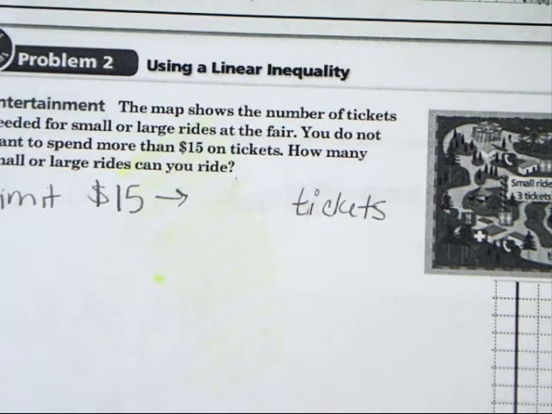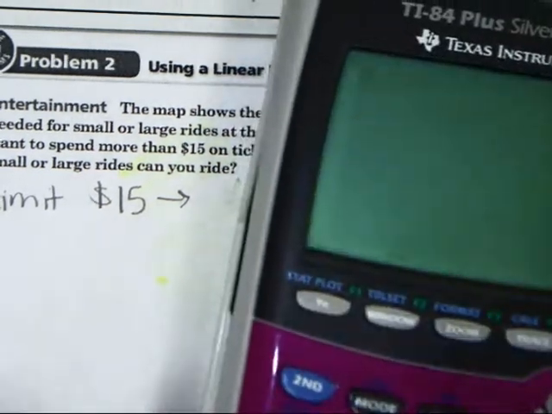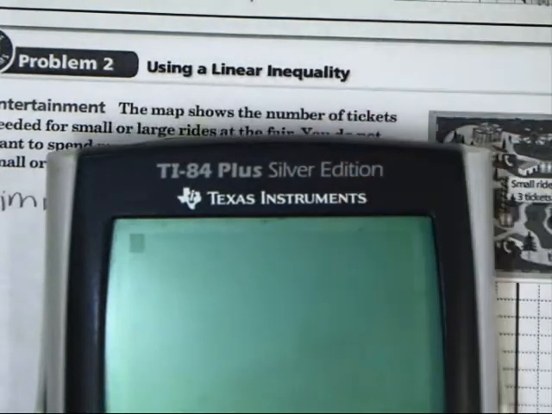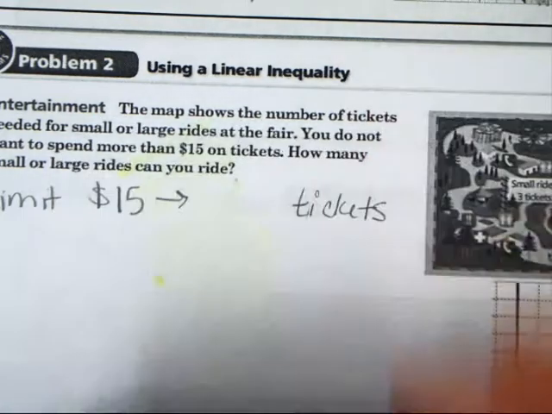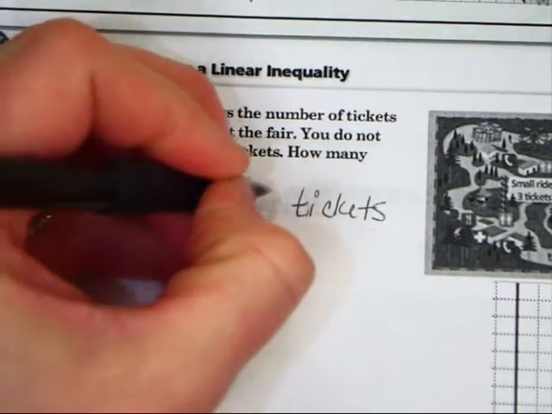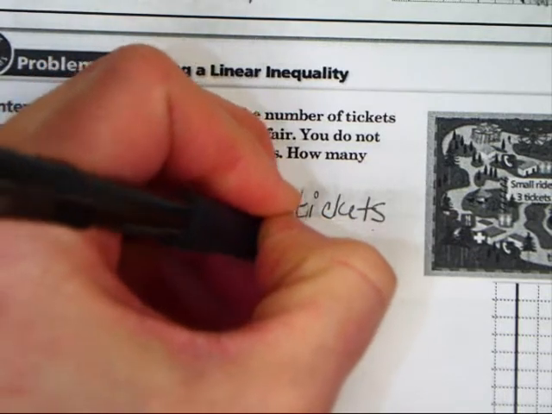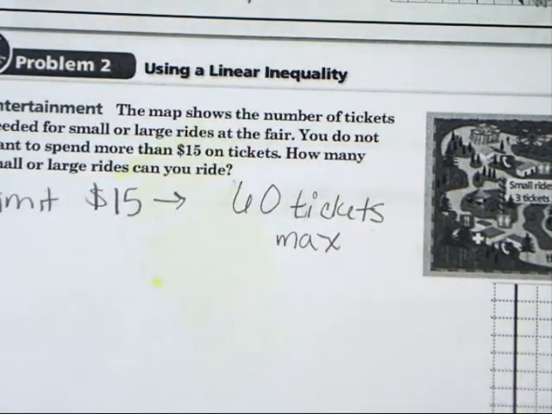So how many would $15 give you? If each ticket is 25 cents, we do 15 divided by 25 cents, and we realize that we can buy 60 tickets. And that's going to be our max. We don't want to buy any more than 60 tickets.